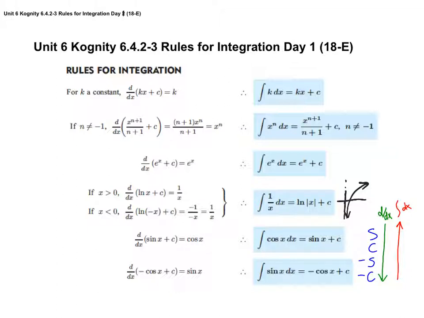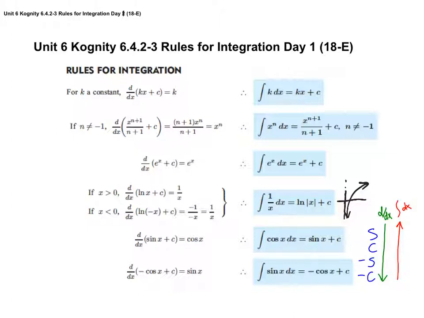The derivative of sine was cosine, so the integral of cosine is sine. The derivative of cosine is negative sine, so the derivative of negative cosine is positive sine. So that tells us that the integral of sine is negative cosine, all right?